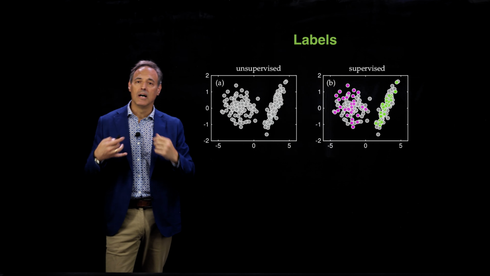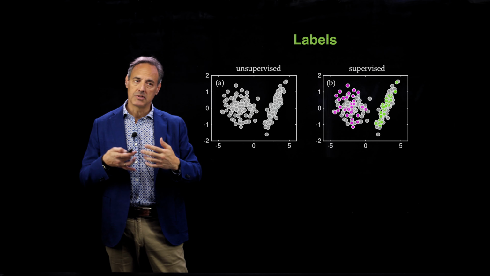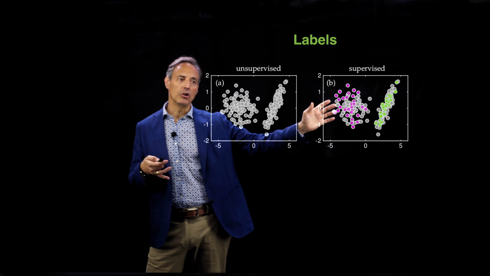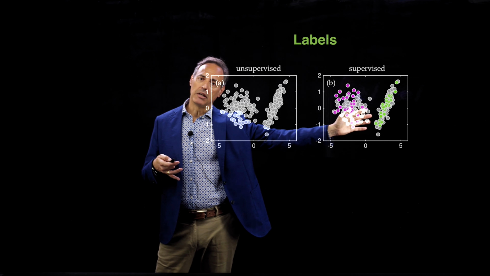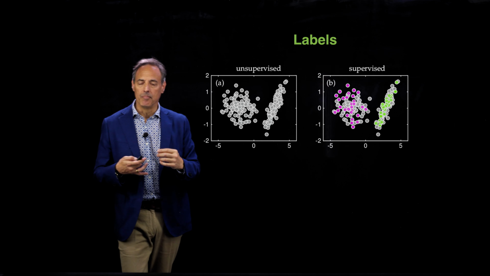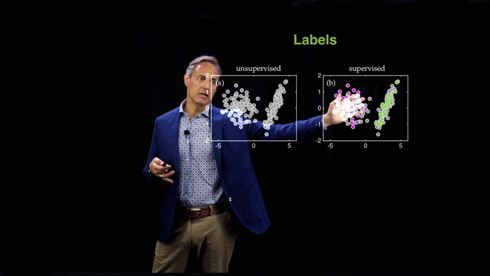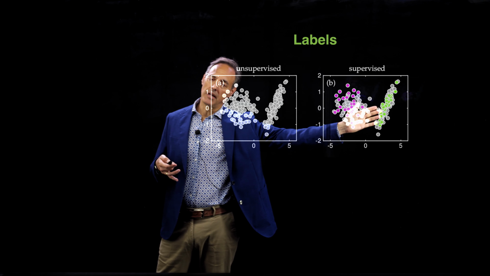Our other picture over here is supervised learning. What I'm giving you again is a bunch of data, and let's say the gray dots are things that I don't know, but I'm also giving you both the magenta and green balls. In other words, I label them. The data that's here is magenta, I'm labeling it as magenta, and the data that's green, I'm labeling as green.